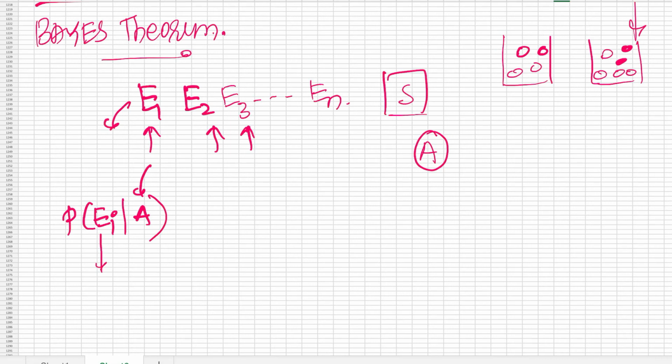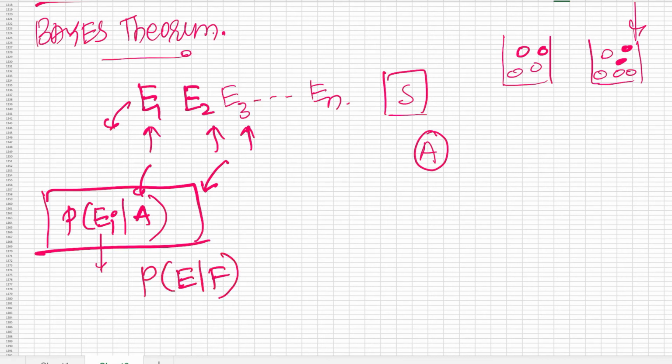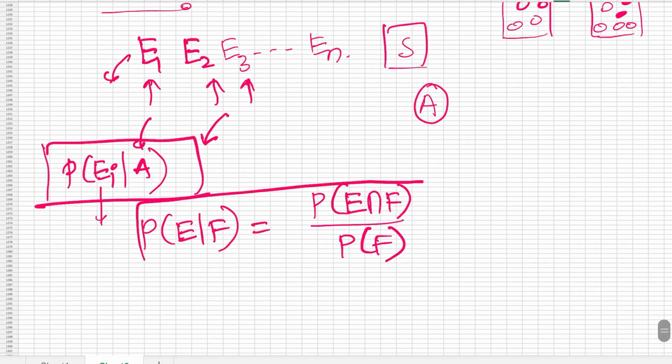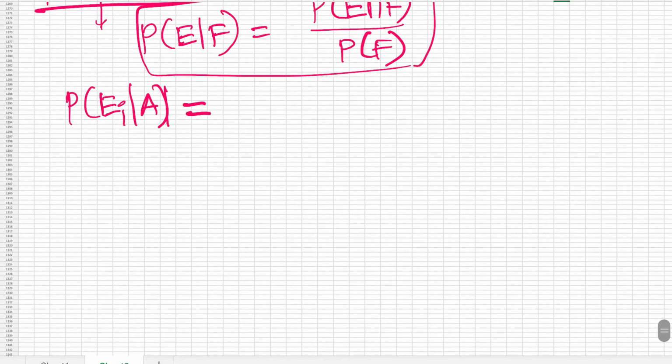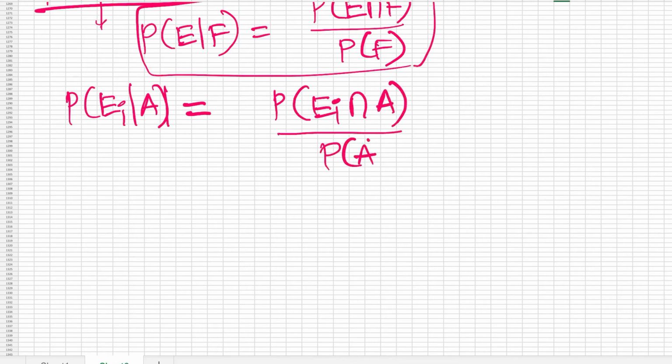How to find it out? Just apply the formula of conditional probability here. So when we need to find P(E given F), the probability of E when F is given, we need to find the probability of E intersection F and the probability of F itself, right? So just apply this formula here. What we'll find is that P(Ei given A) would be equal to P(Ei intersection A) divided by P of A itself.